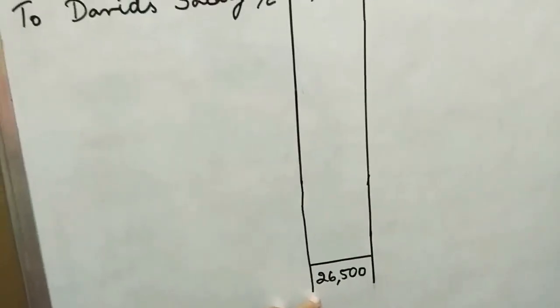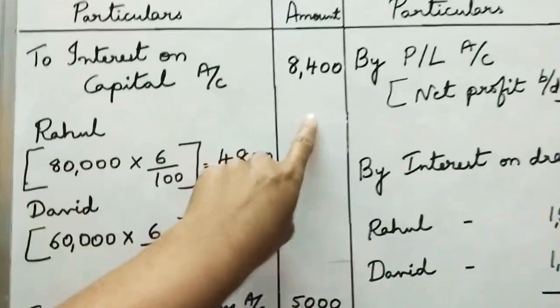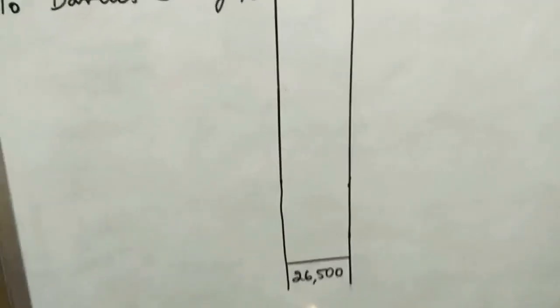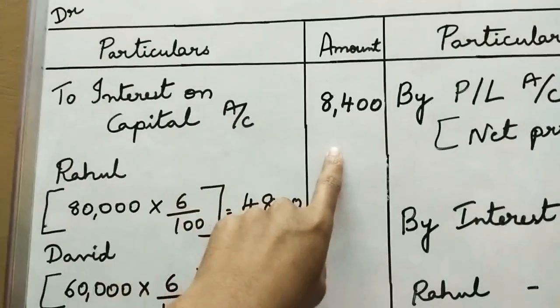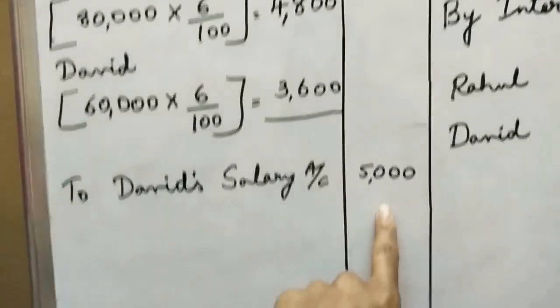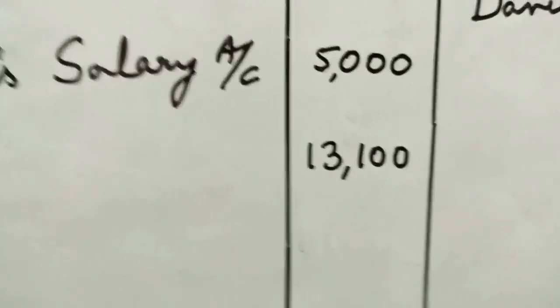Now from this, you have to subtract these two values because the overall income is 26,500. From this, we are paying interest to the partners and the salary to one of the partners. When this is paid, the balance amount left is 13,100.